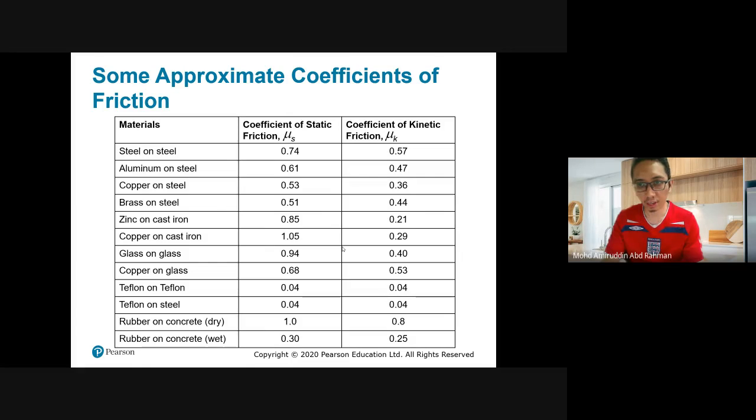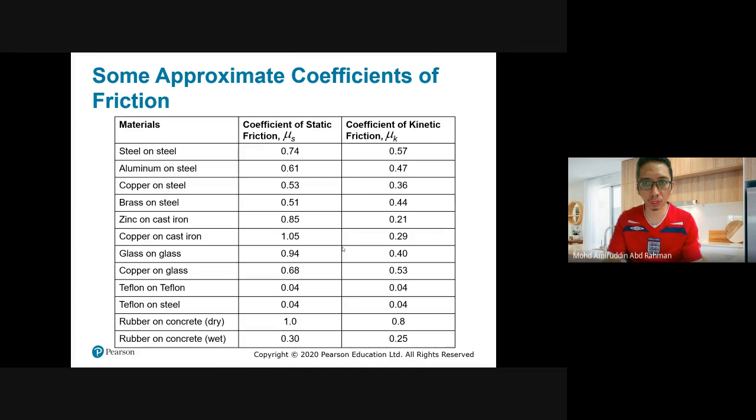But interestingly, the kinetic friction mu k is not one of the highest. It is actually in the middle among the others. So we have mu s at 1.05, and then we have mu k as 0.29.